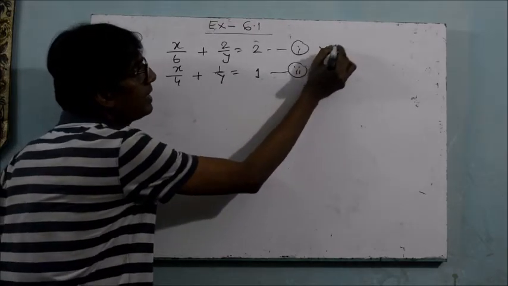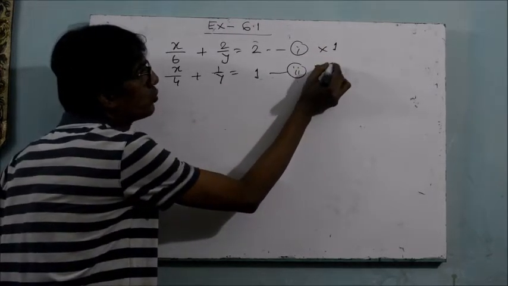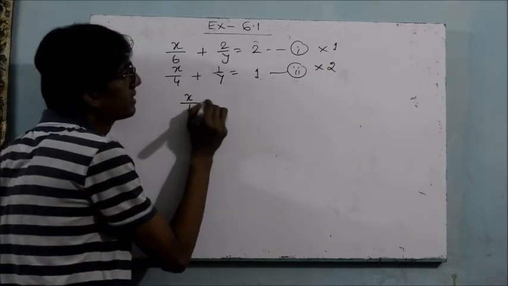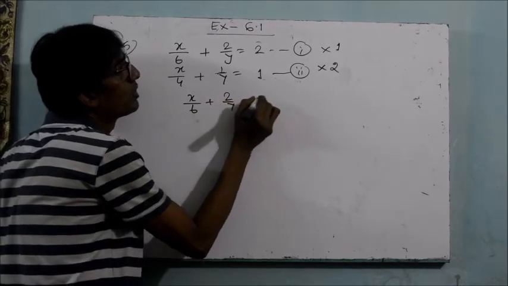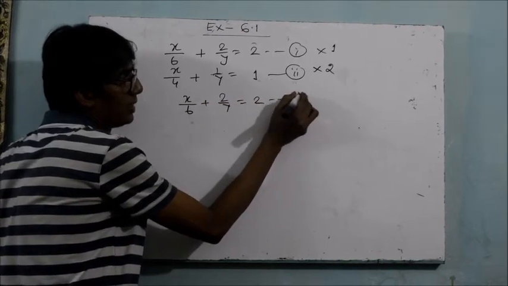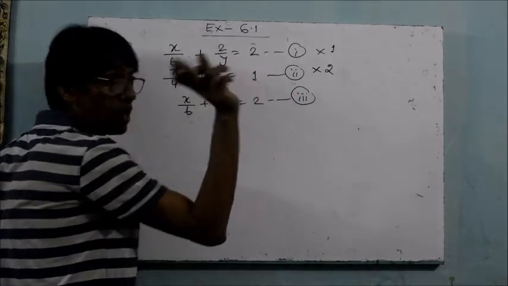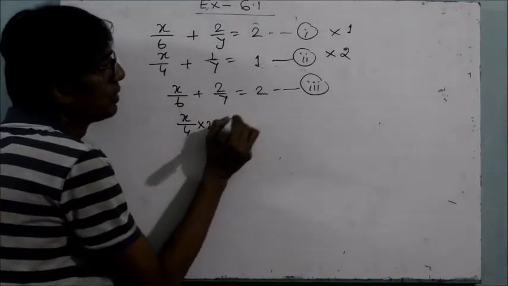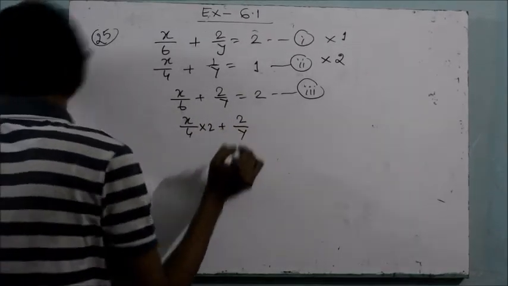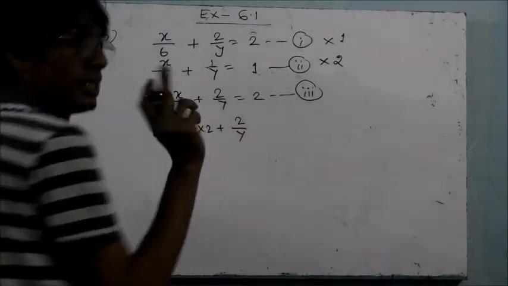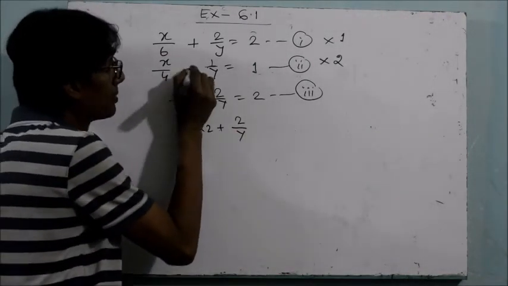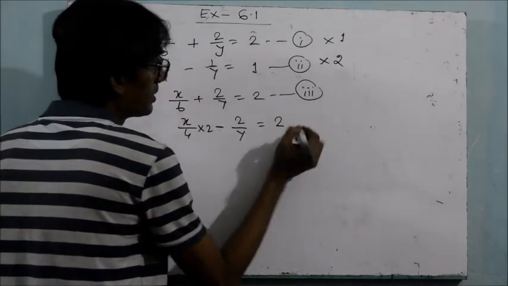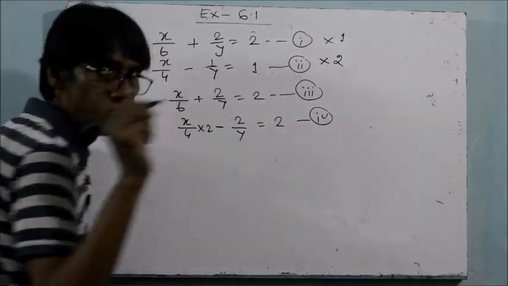So you have to multiply equation 1 by 1 and equation 2 by 2. Then you get x by 6 plus 2 by y equals 2, and the other new equation is x by 4 into 2 minus 2 by y equals 2 ones are 2. Here is a little mistake, the sign would be minus.